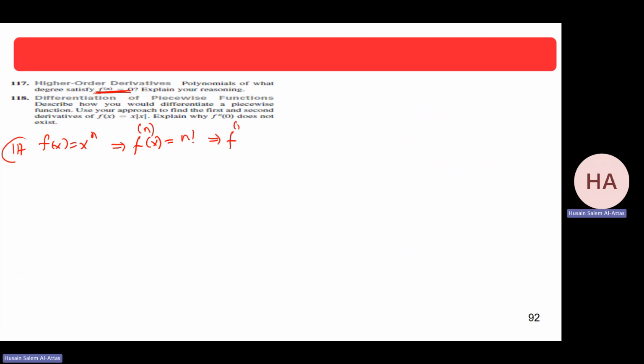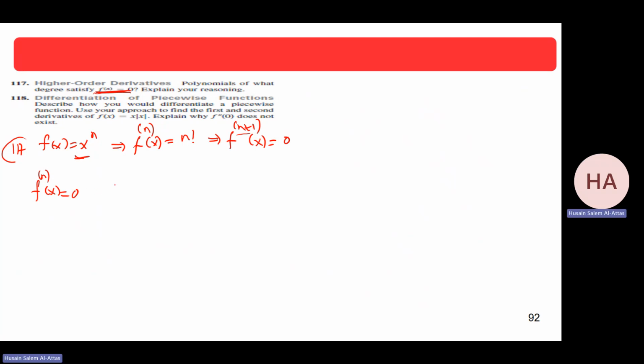But the next derivative is 0. So he's saying, what are the polynomials where the n plus 1 derivative equals 0? It means the n plus 1 derivative equals 0 if I have x to the power n or lower.